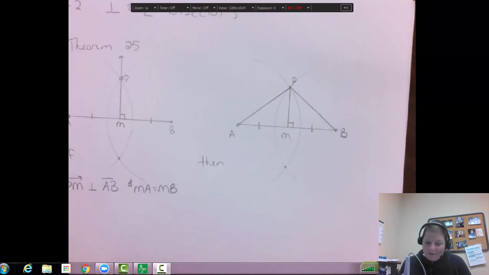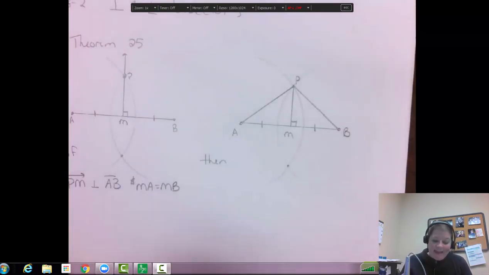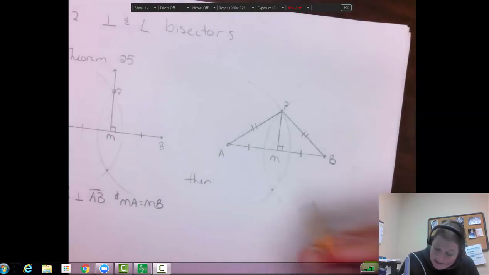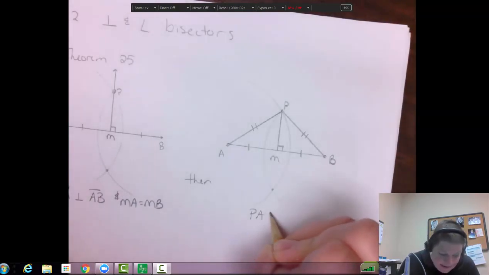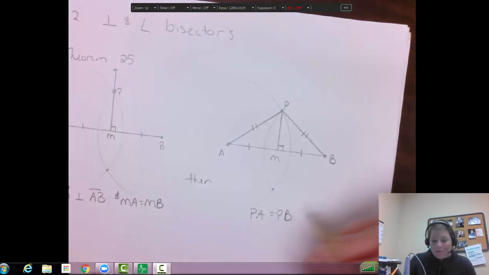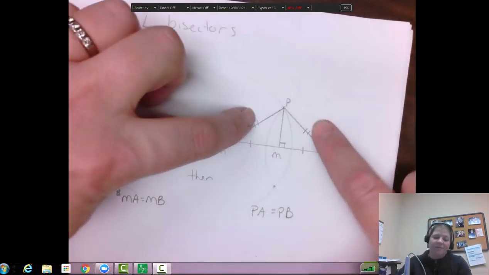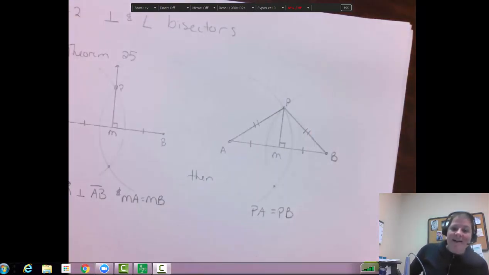If we had that information from the beginning, then if we drew these triangles, then these sides would be congruent too. So PA is going to have to equal PB. So if you have this, then you could draw that triangle, and these two sides have to be equal too, and you have a nice isosceles triangle. All right? So that's theorem 25.